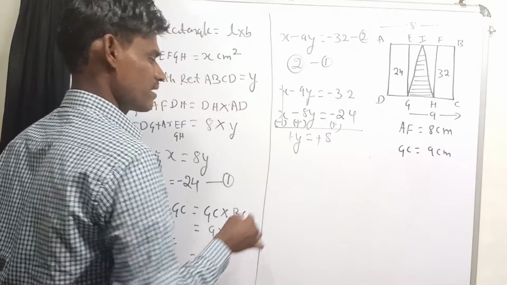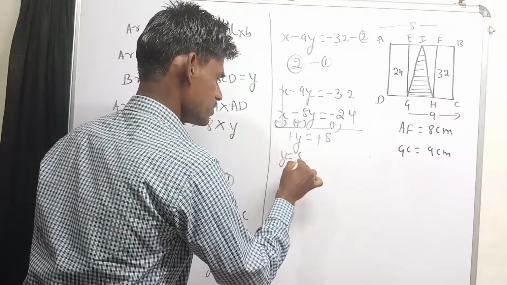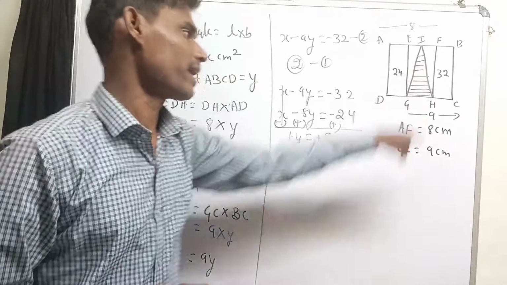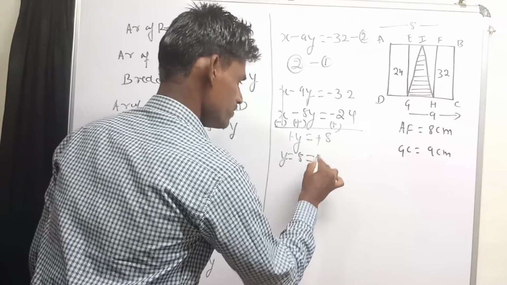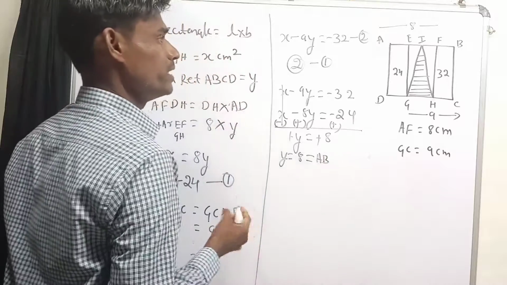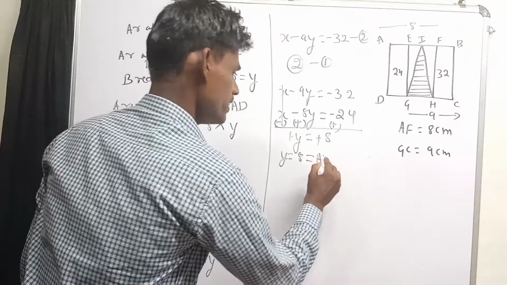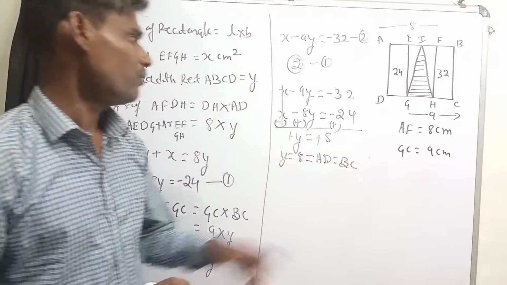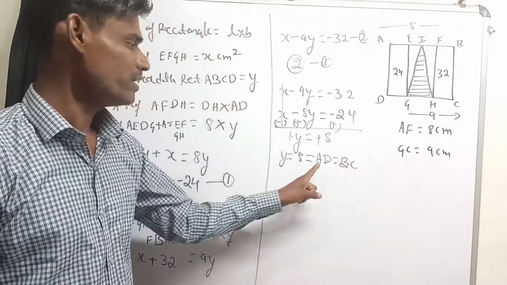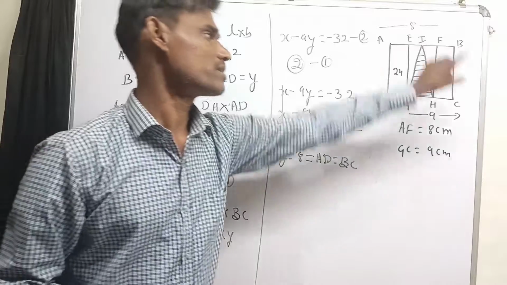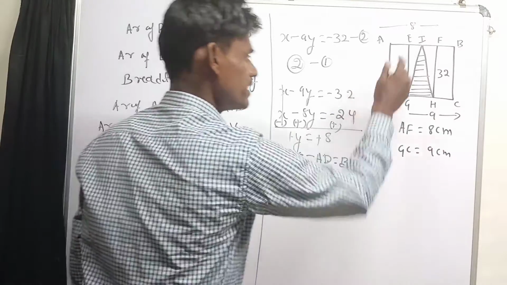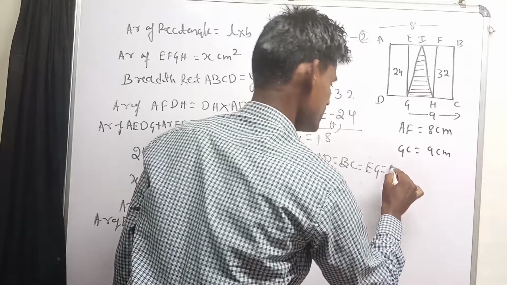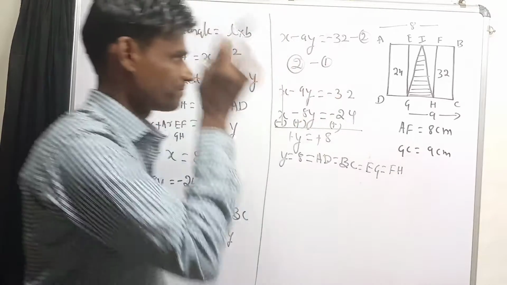Minus signs get cancelled on either side. So y is equal to 8, which is the breadth of the rectangle ABCD, that is AD equals BC. Now we have the breadth of this rectangle. This AD is also equal to EG as well as FH.